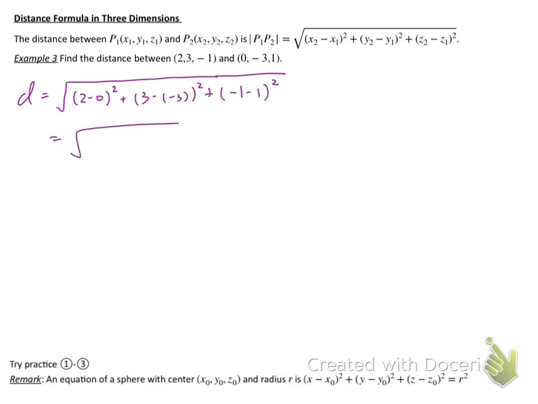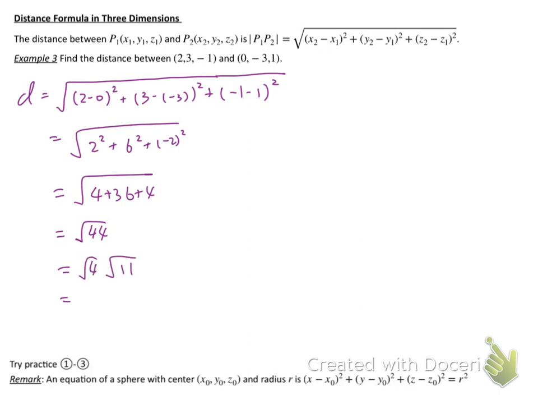And that is 2 squared plus 6 squared plus -2 squared, which is 4 plus 36 plus 4, and that's 44. Simplify it, the square root of 4 is a perfect square. That's why we factored it out, and it becomes 2 square root of 11.